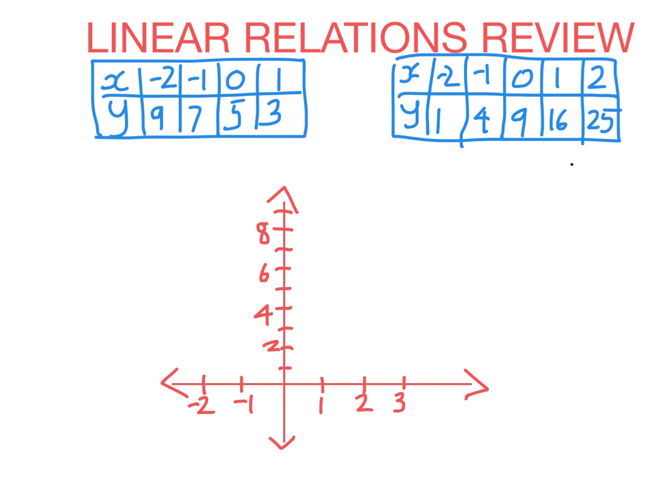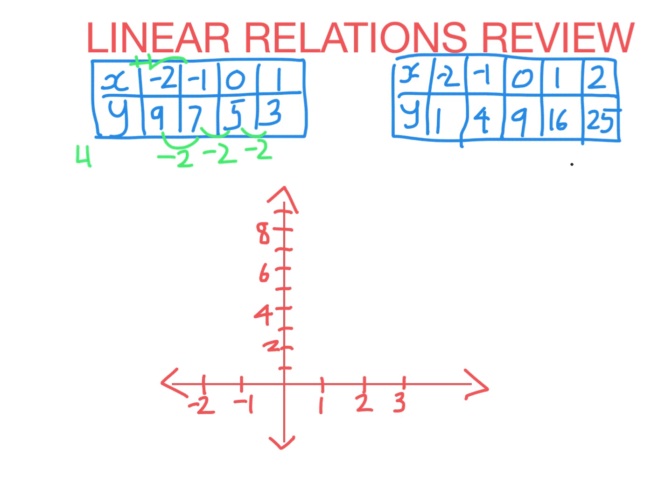See, what's happening here is each time x is going up by 1, y is going down by 2. Each time x goes up by 1, the y value decreases by 2. The same thing is happening to y each time. We are adding or subtracting the same amount from the y value each time.